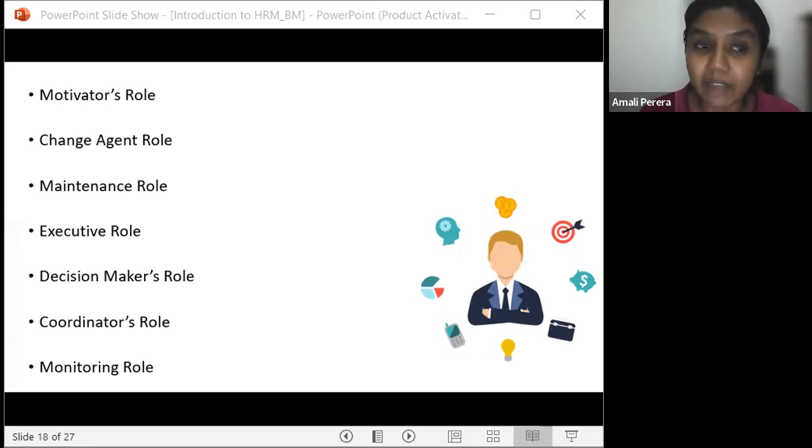Then at last we have the monitoring role. Monitoring role means he needs to monitor to ensure that things are running smoothly in the organization. If there is a policy that employees should report to work at 8 o'clock, the HR manager needs to monitor whether all the employees are coming at 8 o'clock. In a situation like that, we would say he's playing the monitoring role, right?